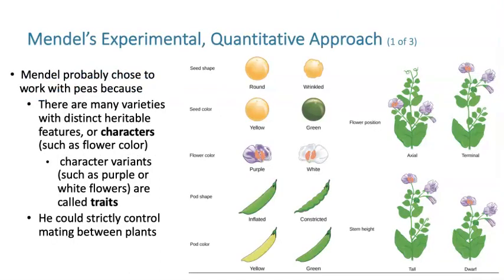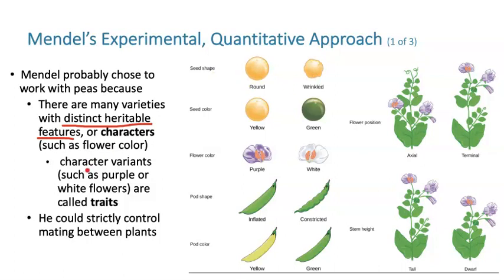Garden peas are great for this kind of experiment because they have a lot of varieties. Anything that's a distinct heritable feature, we call a character or characteristic. We might have the characteristic of seed shape, and you can have either round or wrinkled.